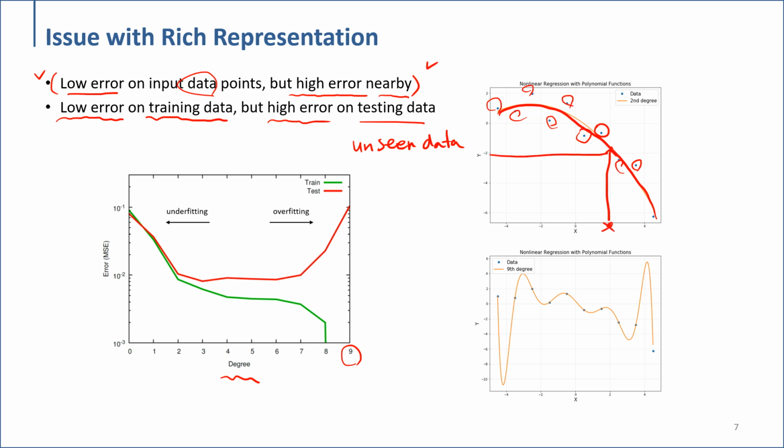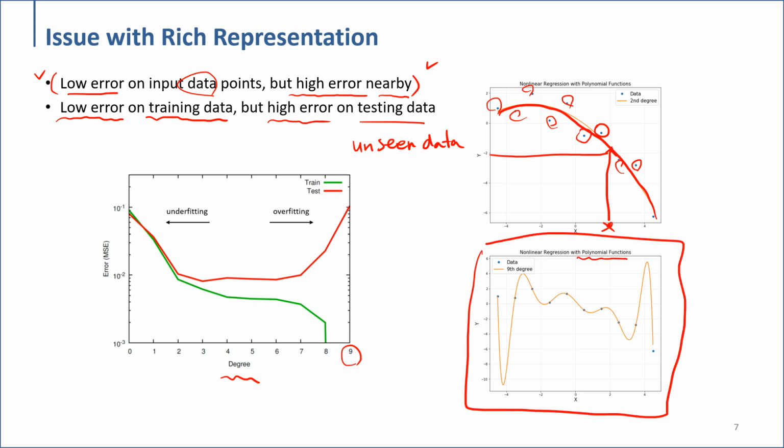But when we think of the overfitted problem, like when the degree of the polynomial function is 9, this point would be unseen data.